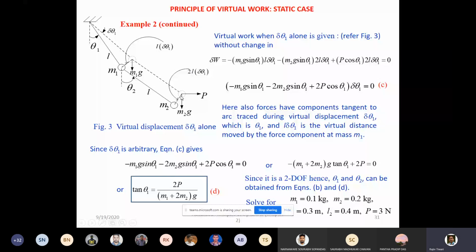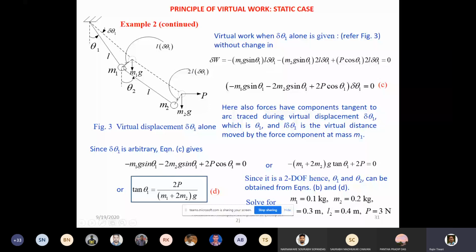Now the virtual work because of m1g, the component of that in the tangential direction, and similarly for m2g and P, we can write this. Here this is the tangential component of m1g, m1g sin theta 1, and this is the virtual displacement, negative because the force is in this direction and we are giving displacement in the other direction.